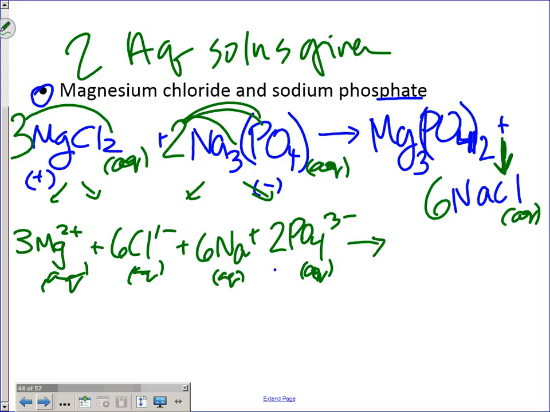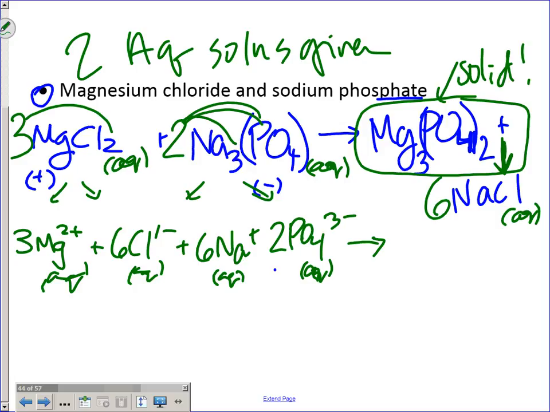And as we create our products, we need to look at solubility. Do I ionize this one? No. So this is a solid precipitate, right? Do not touch the solid. Do not break it up, meaning just write it as is. Mg3(PO4)2, and put a little PPT or solid underneath there to indicate that that's together.